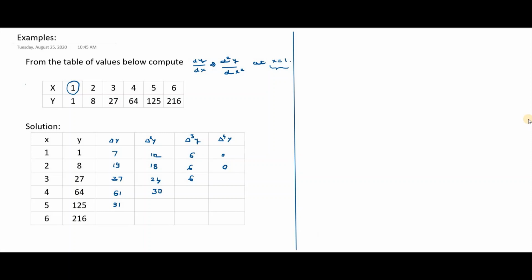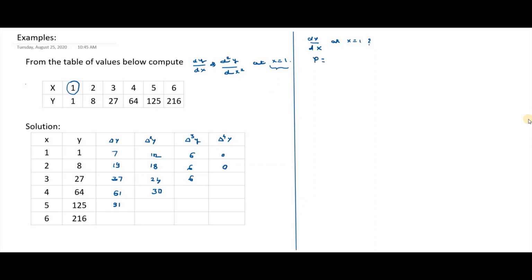Now here first we have to find dy by dx at x is equal to 1. For this I will write xp. First find the value for p.